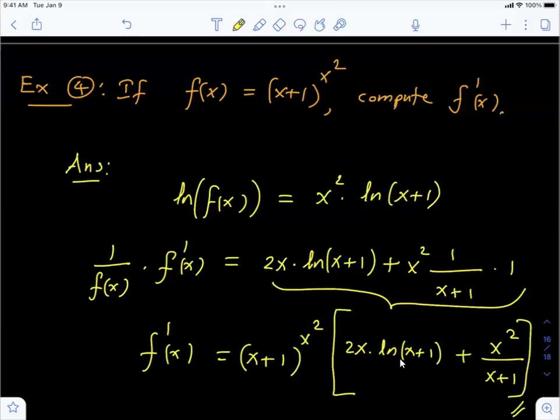So in this way you can handle any power. It need not be a constant exponent, it could be a variable exponent, yet you can use this method, and this is pretty much the only method. There are different variants of this method, but it essentially involves the natural log function no matter what.